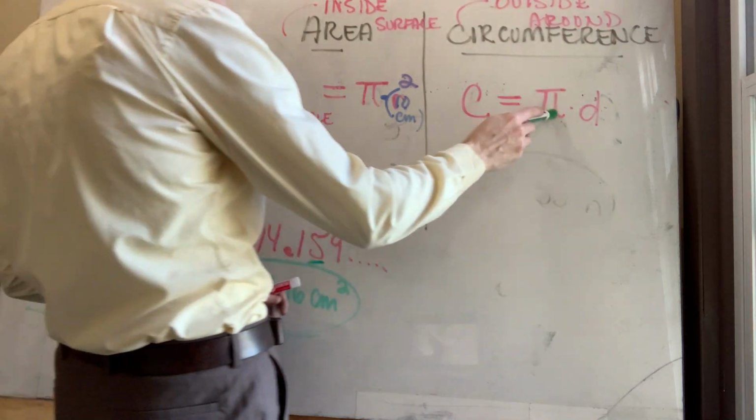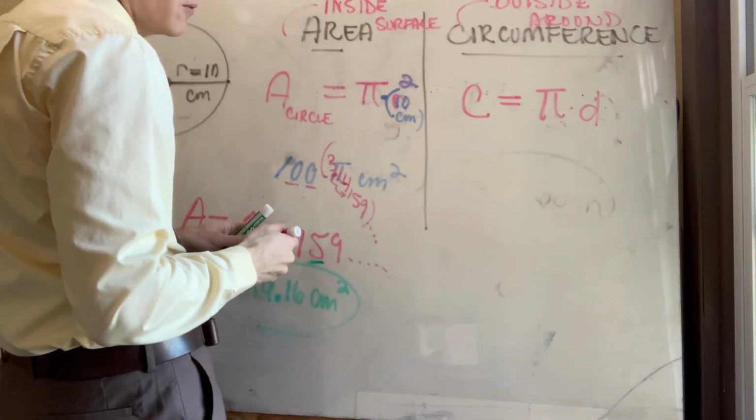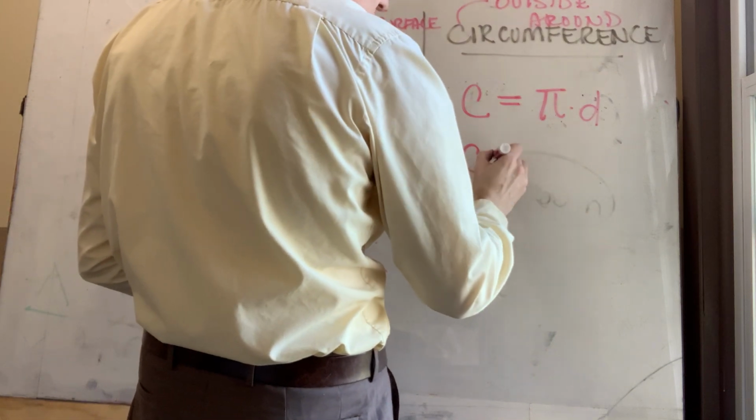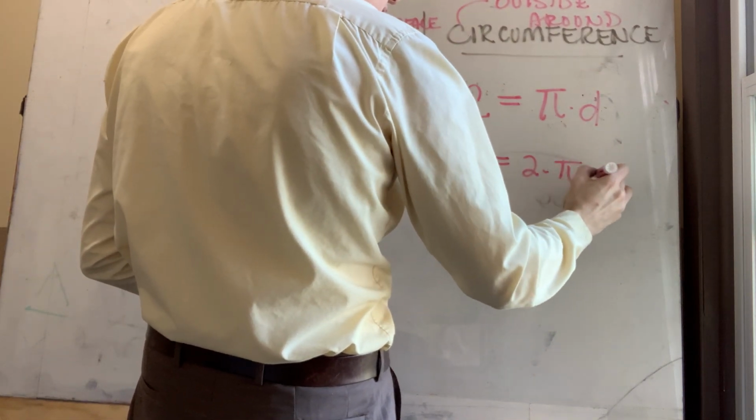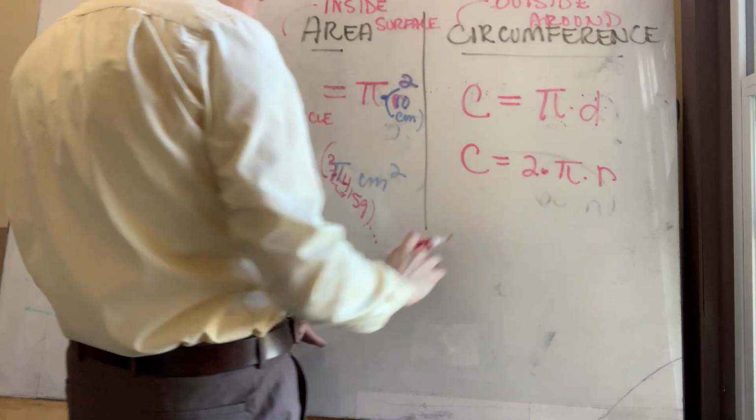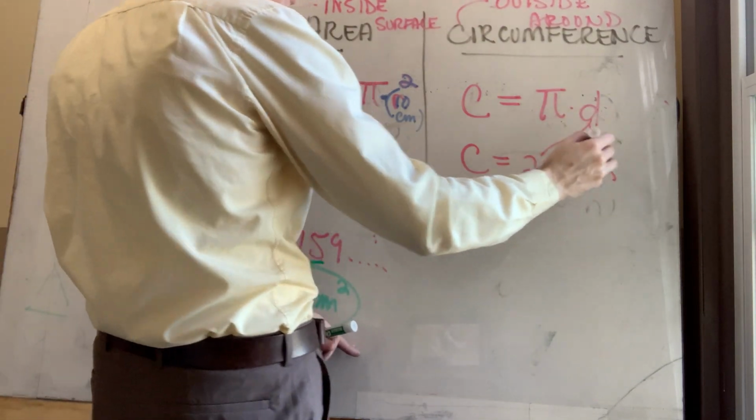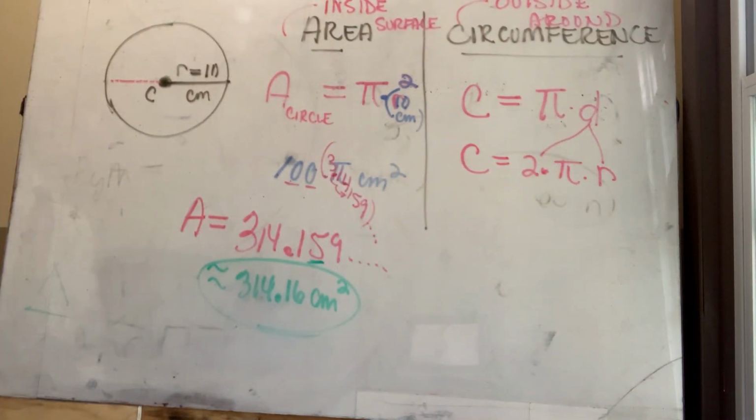If you don't like this version of the circumference formula, there is also famously this alternative. The 2 out in front, that comes from this relationship. 2 R's is D. They just put the number in front because it's better etiquette. All right.